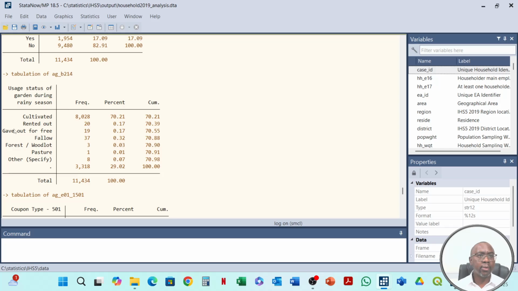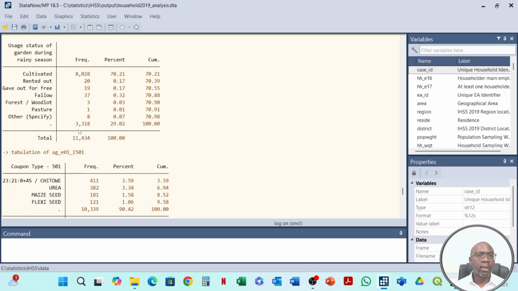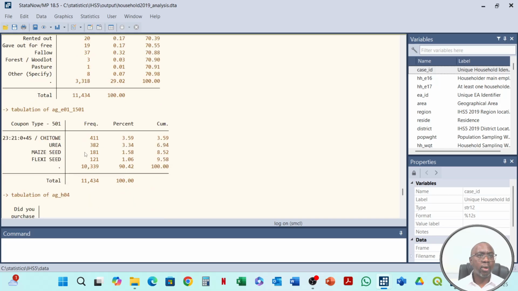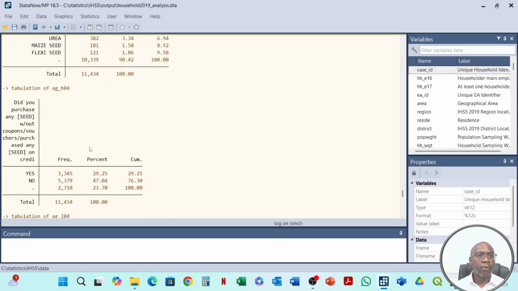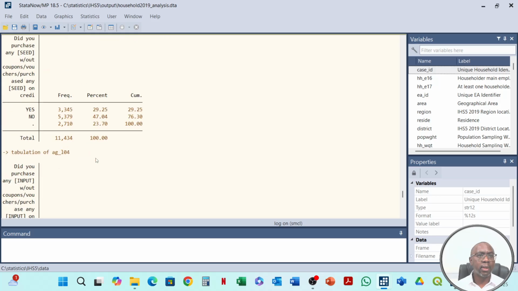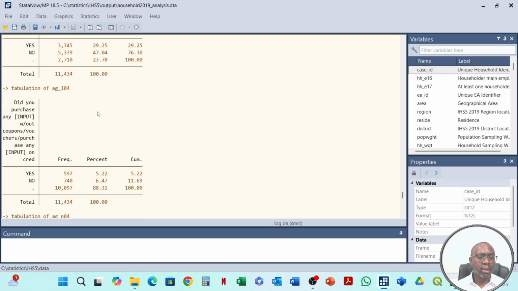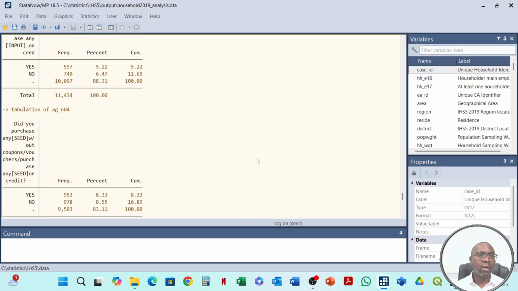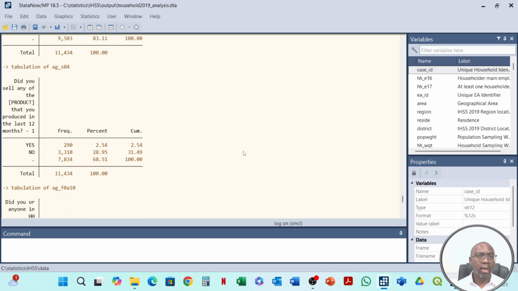Status of garden, those who cultivated, those who rented out, and then these are the other things that the land is used for. And of course, if they purchase seed or not, you could see that it's only a few people who did that. What that means is others are pretty much using or recycling seeds rather than purchasing them.